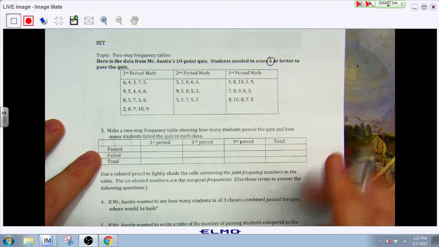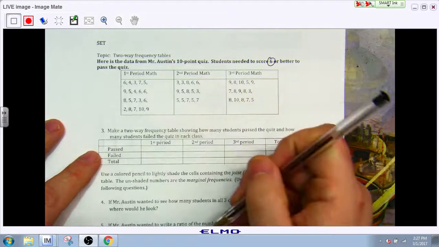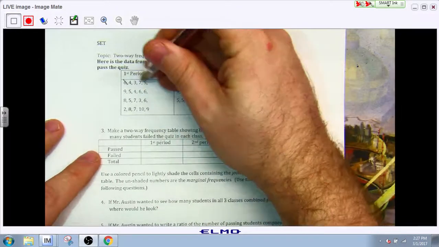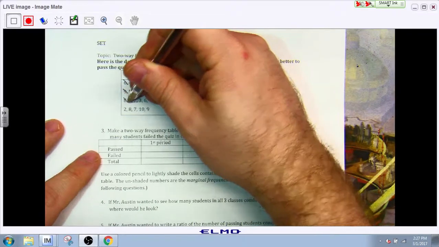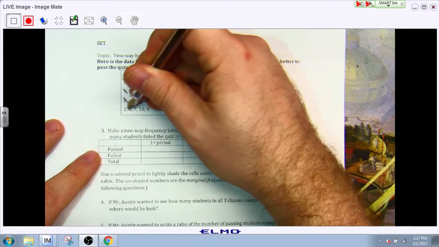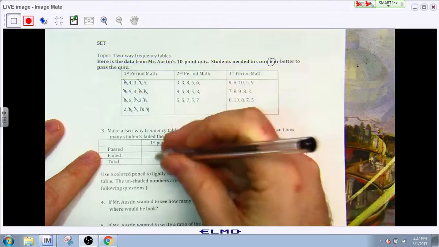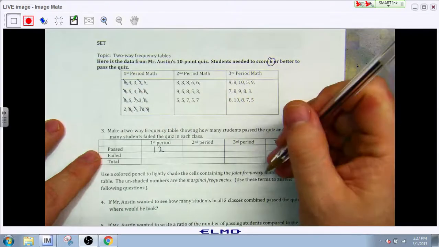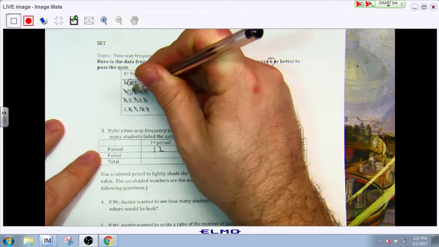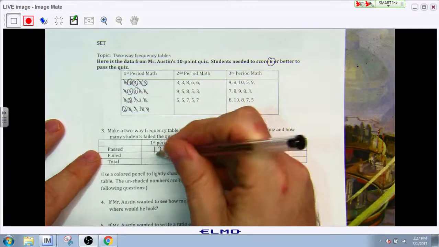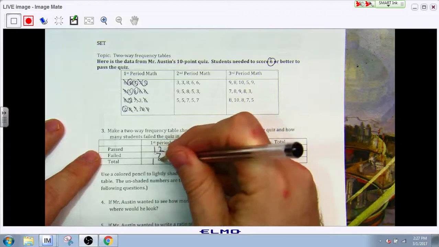we can figure out how many in first period passed. So I see that I have 1, 2, 3, 4, 5, 6, 7, 8, 9, 10, 11, 12 passed. And that means 1, 2, 3, 4, 5, 6, 7 failed, which means I should have a total of 19.